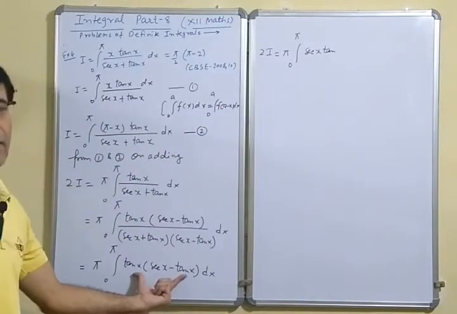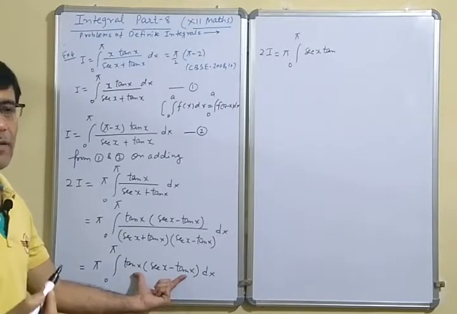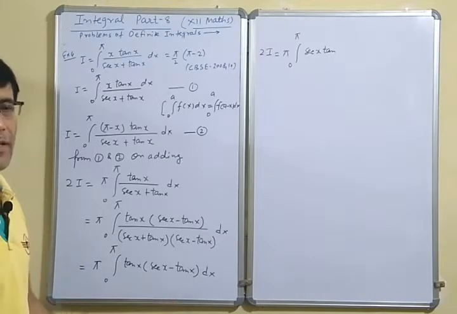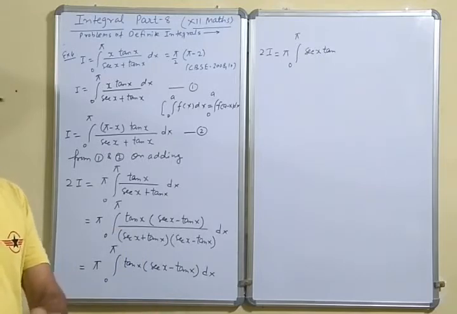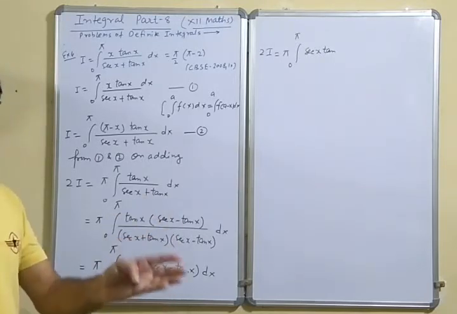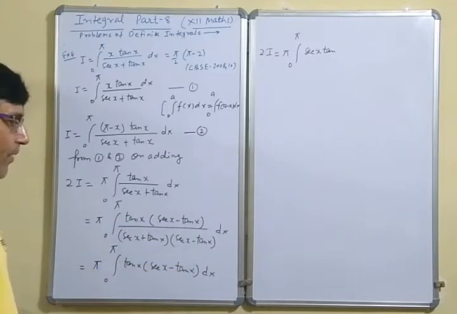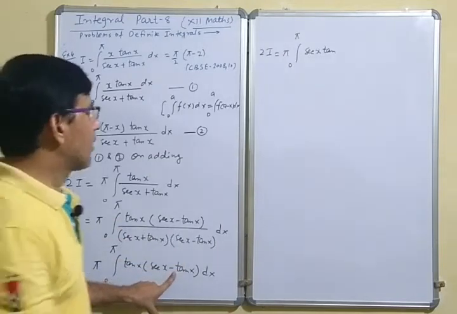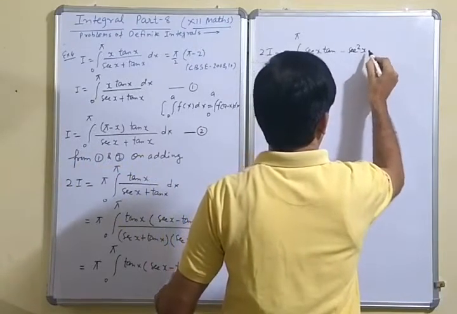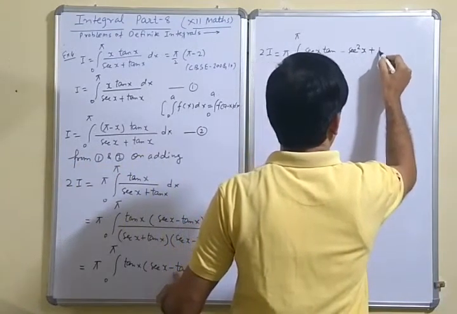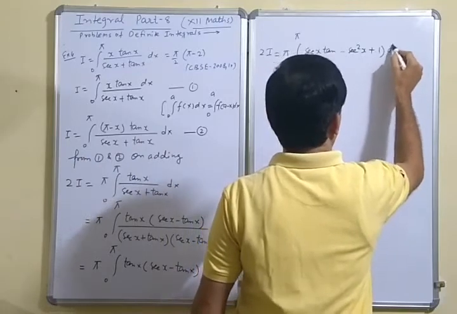And tan square x is equal to sec square x minus 1, because 1 plus tan square x is equal to sec square x. So the minus sign is outside: minus sec square x plus 1, dx.